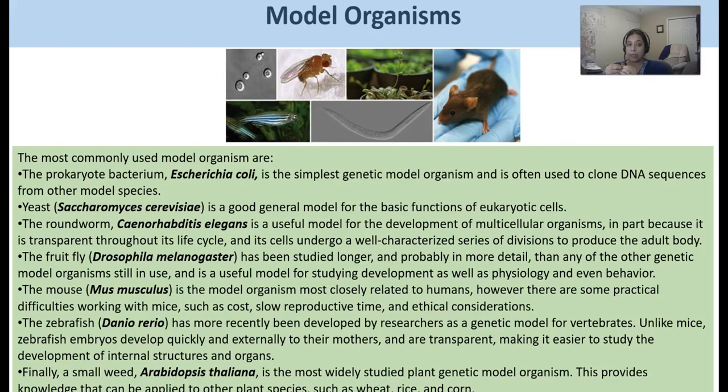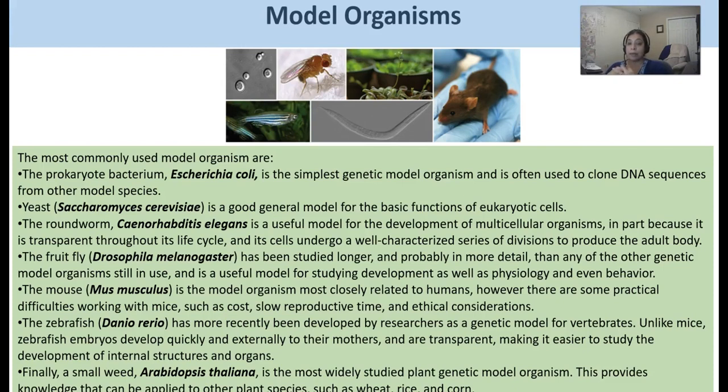The organisms themselves are transparent throughout the life cycle, during which cells undergo a very specific set of cell divisions at each point to produce the adult body. So genetic mutations of various genes can be monitored, and how they change the development of the organism can be examined very easily throughout its life cycle.